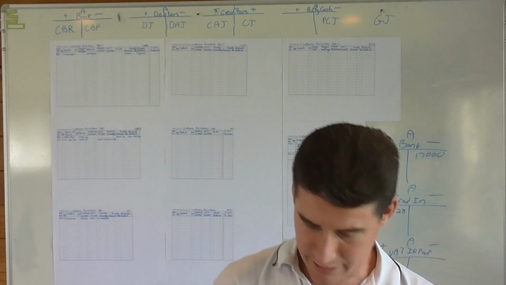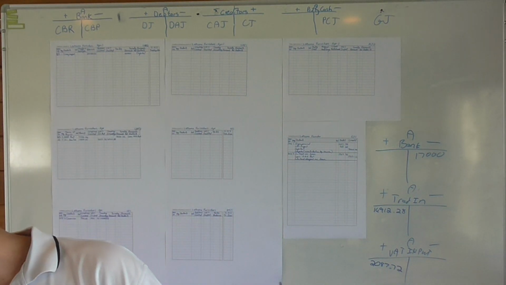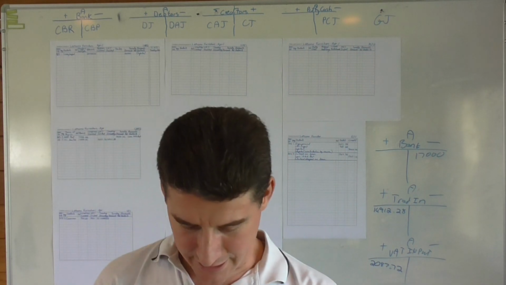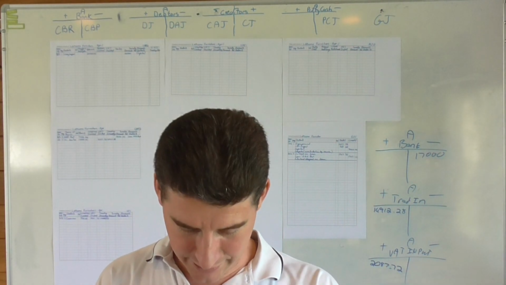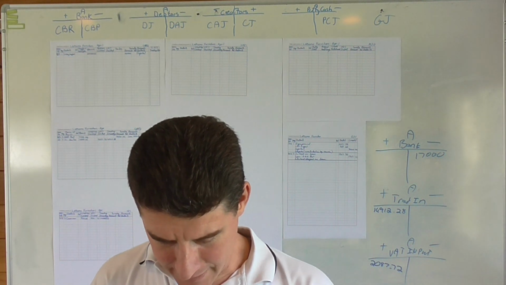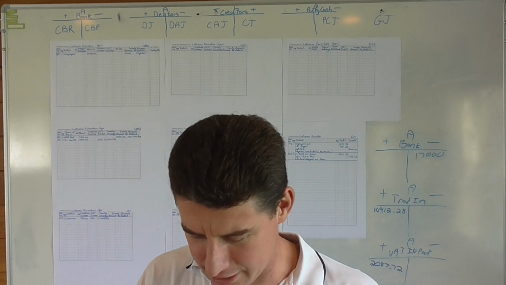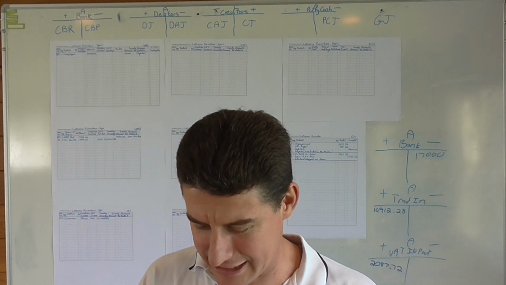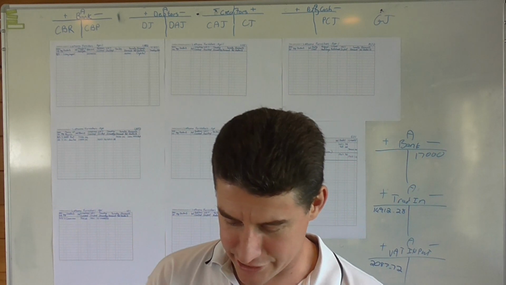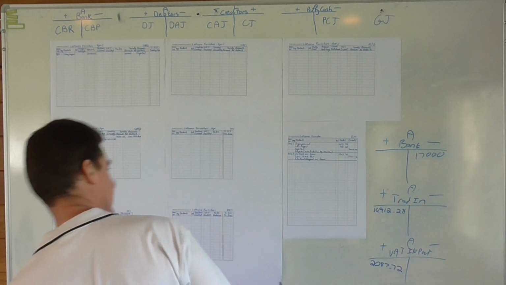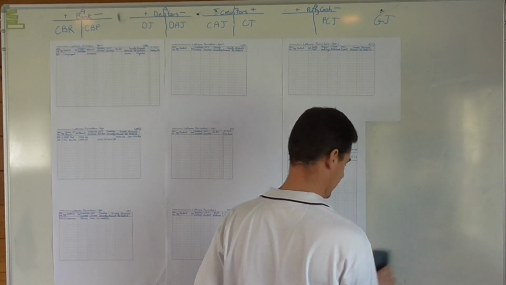All right. Our next transaction: returned goods of inferior quality to Geronimo's and received a credit note for 6,900 Rand. So let's draw out the accounts again.